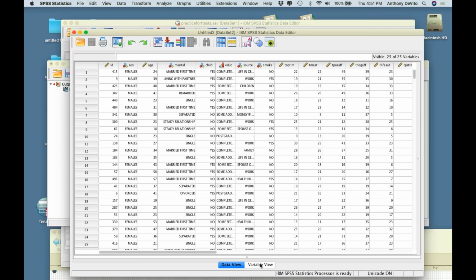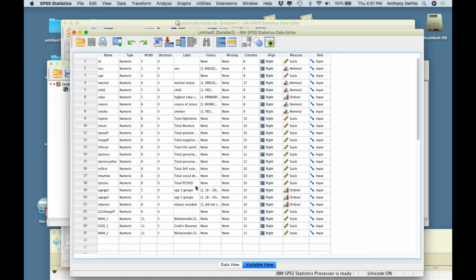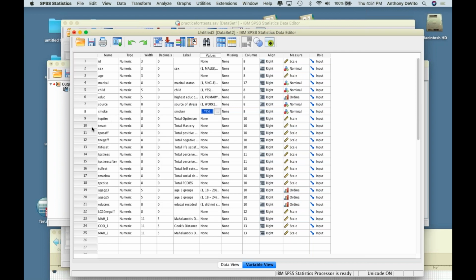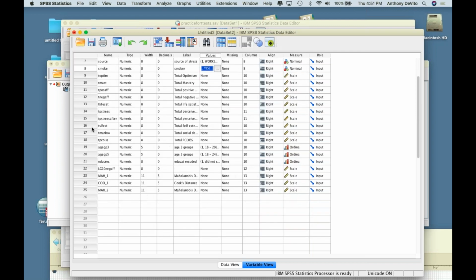And I'm going to just quickly show you the variable view. In this, we have gender, the sex of the individual subject, and the age of that subject. It has, for instance, whether or not they're a smoker. If I click in here under the values, it tells me that 1 represents yes, they're a smoker, and 2 represents no, they're not a smoker. If I scroll down further, I see these various things called TP, and so forth.